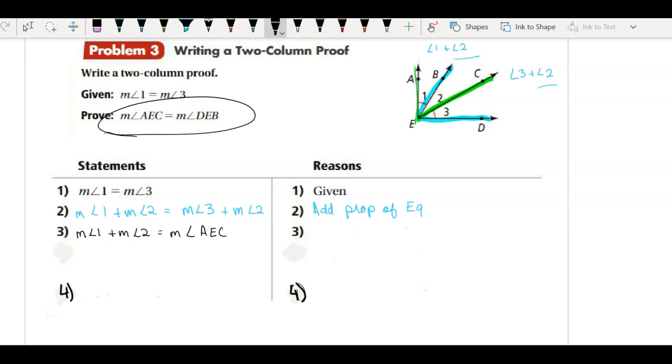And still part of number 3, I'm going to write the measure of angle 3 plus the measure of angle 2 is equal to the measure of angle DEB. So the reason I'm going to get for this, this one happens to be on your sheet, is the angle addition postulate.